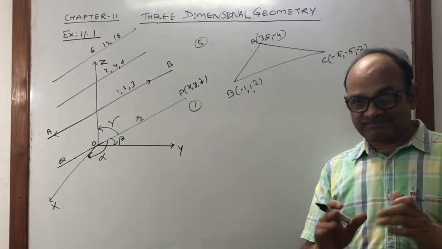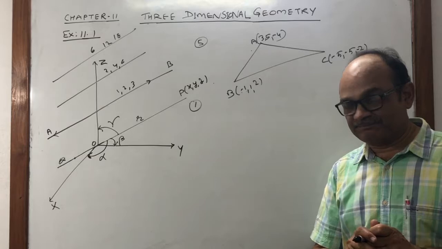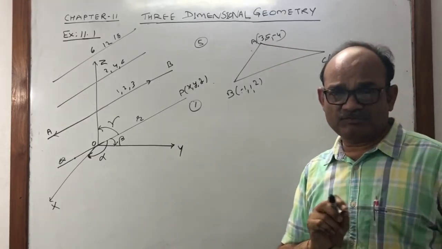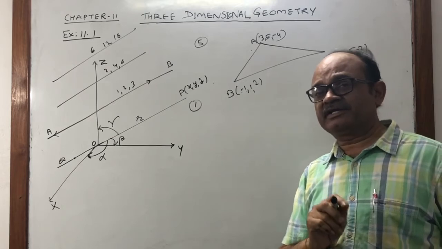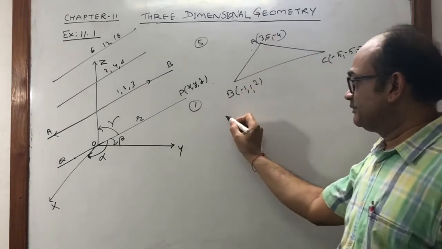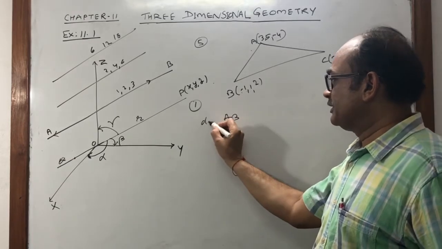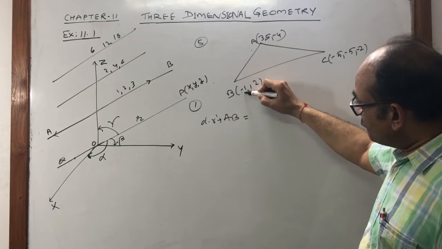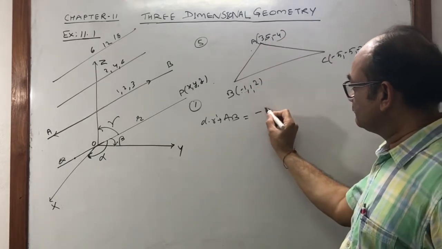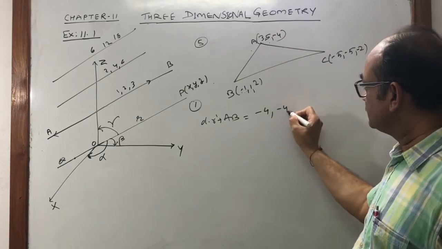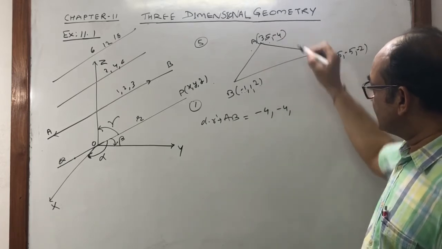And now we move ahead to the last question of 7.1. A, B, C coordinates are given for this triangle. We want to calculate DCs of all the 3 lines. So first we start with line AB. DRs of AB are x2 minus x1, y2 minus y1, z2 minus z1.